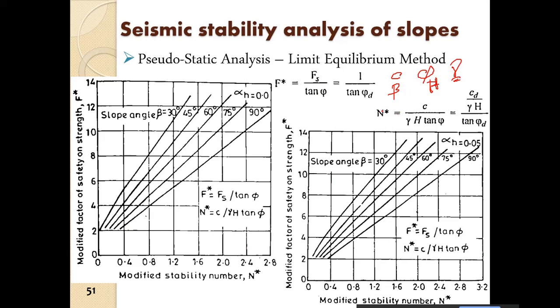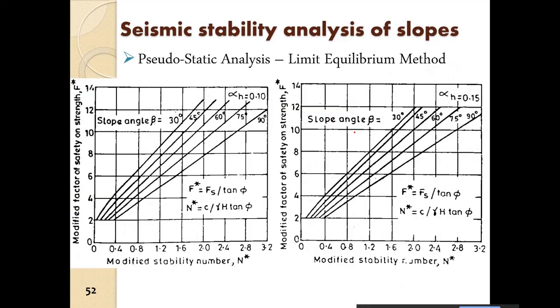From there we first obtain the modified stability number. From the modified stability number, for various alpha h and various slope angles beta, we can obtain the modified factor of safety on strength. If we multiply that by tan phi, we obtain FS equal to F star into tan phi. So easily we can do it.